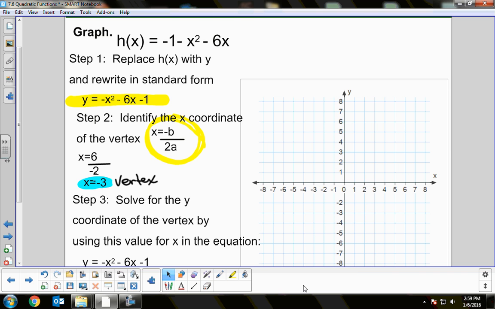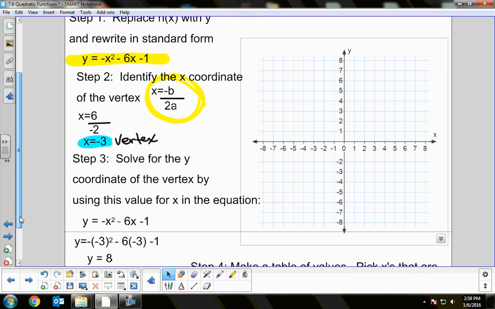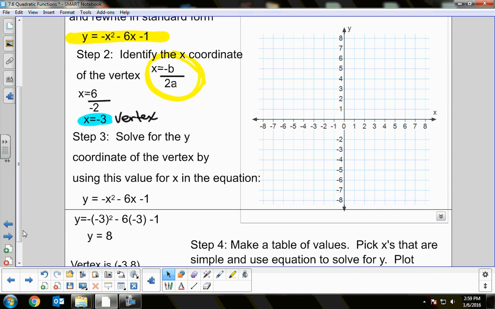But remember, a vertex has an x-coordinate and a y-coordinate. So I have to solve for the y-coordinate of the vertex by using this value for x in that equation.